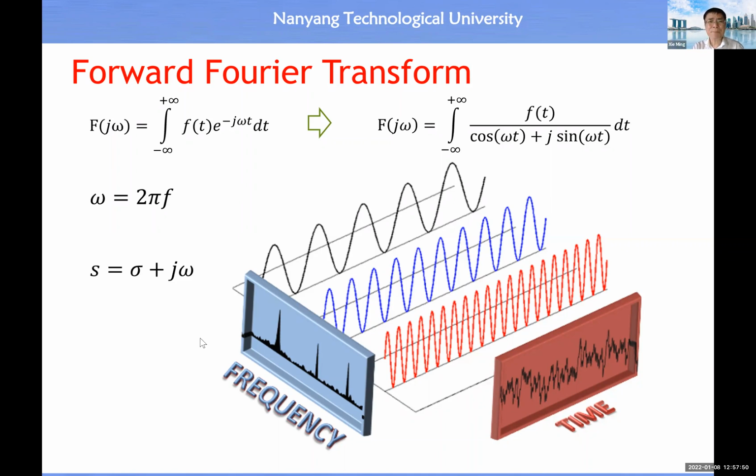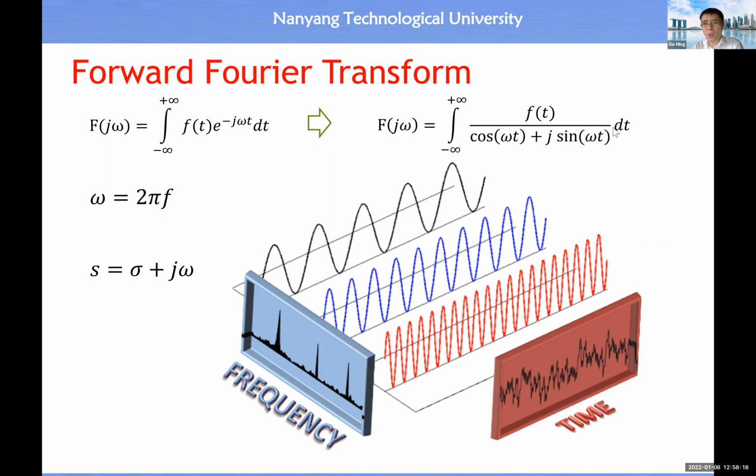And physically, if you rewrite this equation in this form, here we apply the Euler equation, because the natural exponential function e raised to the power j omega t is equal to cosine omega t plus j sine omega t. This is a very, very beautiful equation, the Euler formula. From here, this output will help you understand the physical meaning.